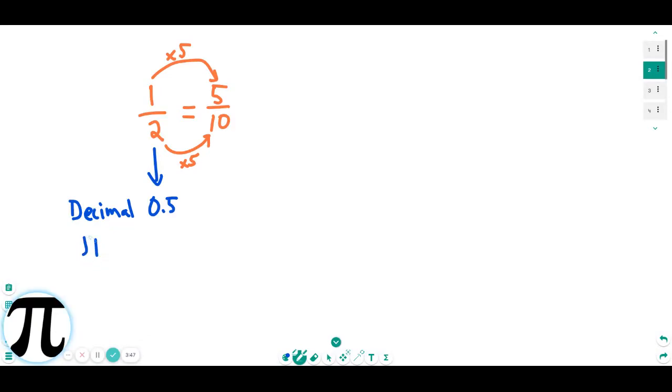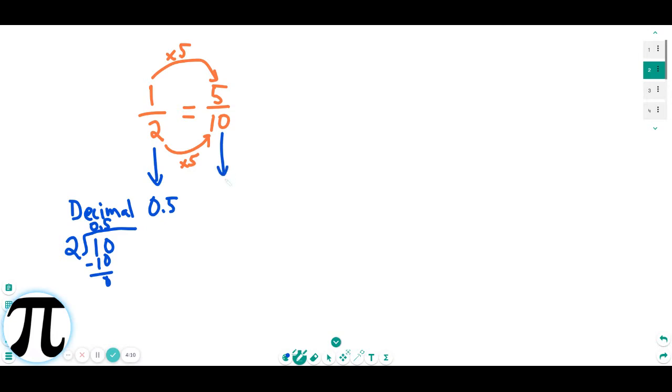So 1 would go in your division house, and 2 is outside. 2 goes into 1, no. Lock in a decimal, bring down a 0, and 2 does go into 10 five times.